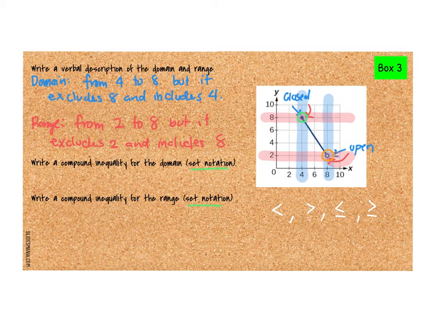Now these two right here are closed circles. So whenever you have a closed circle, that's what you're going to use. Whenever you have less than or greater than, you're going to have an open circle.